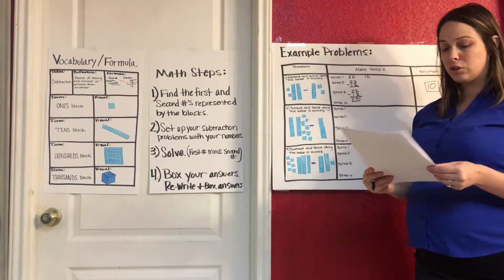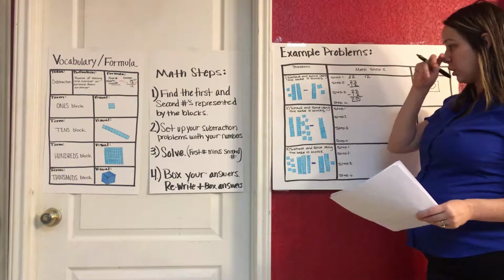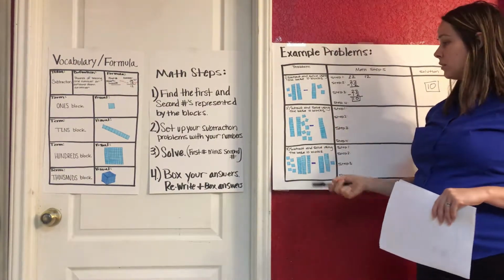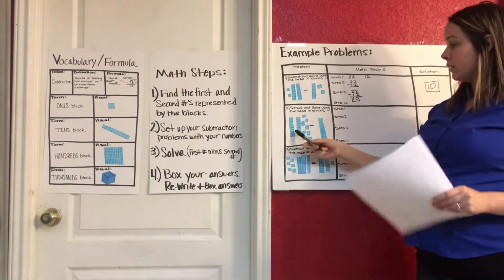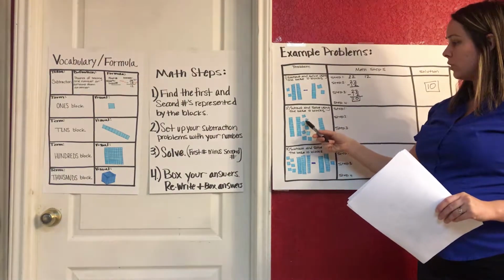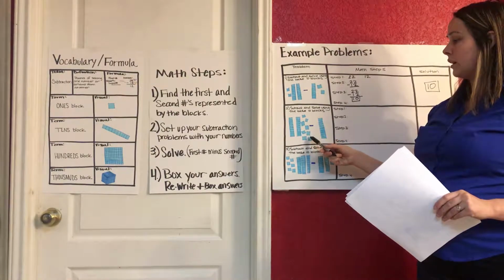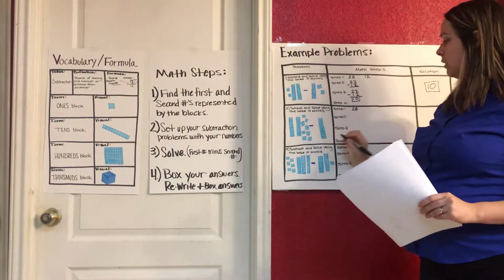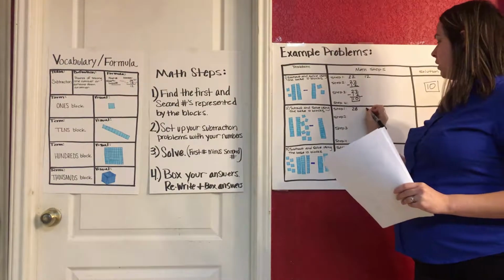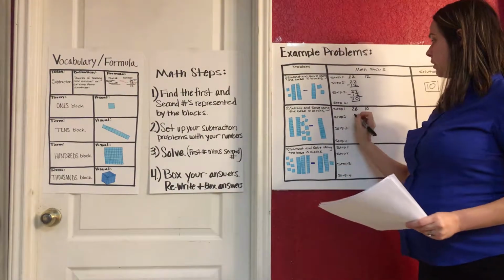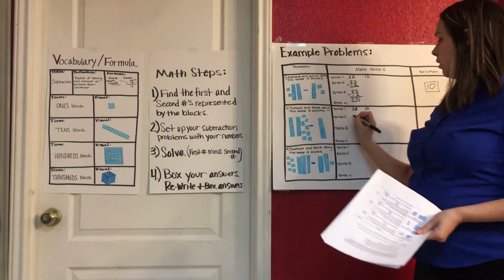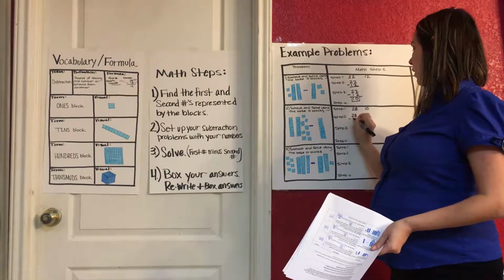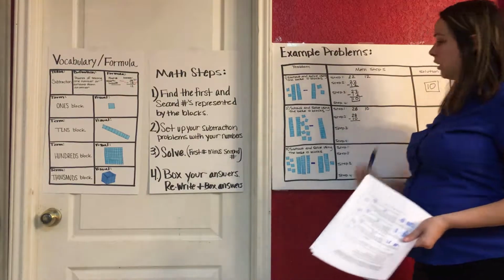Okay, so we're going to move on to problem number 2, which again says subtract and solve using the base 10 blocks. We have 10, 20, 21, 22, 23, 24, 25, 26, 27, 28 minus our second number, which is 10. So we're going to set up our problem using step 2. 28 minus 10 is what our problem should look like.